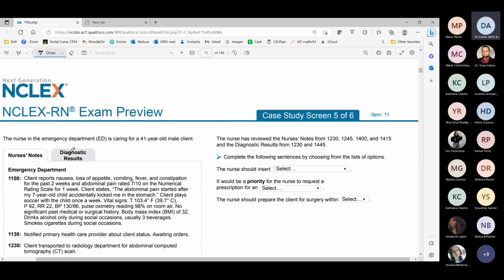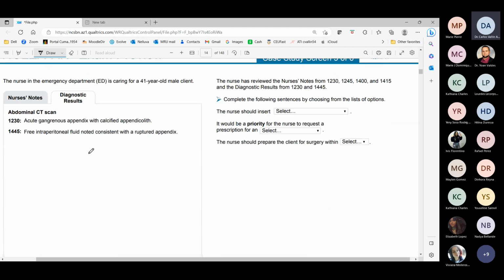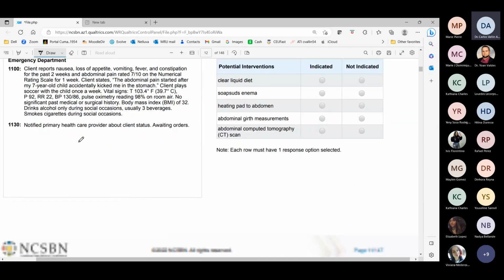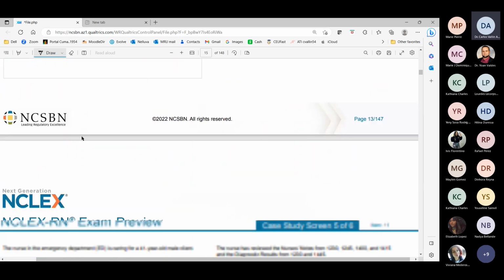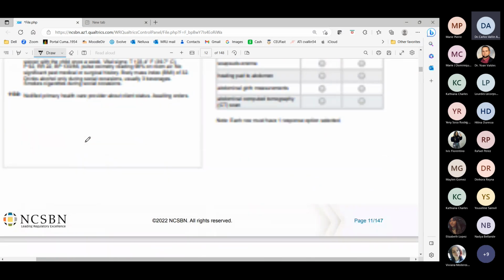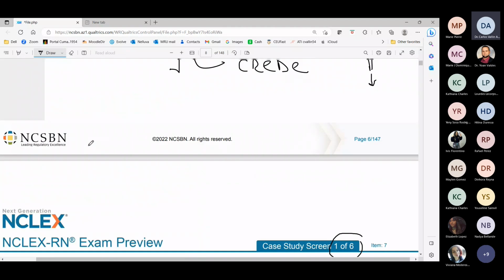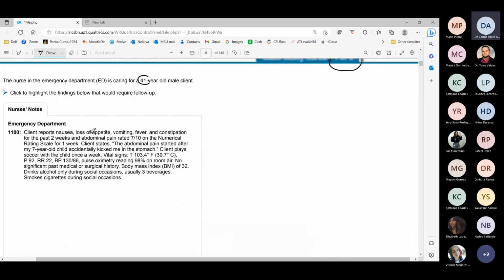So you can click on nurse note in the test and then click on diagnostic result and you can see everything at once, but this is not dynamic, it is fixed. So we need to go along screen by screen. So be patient.